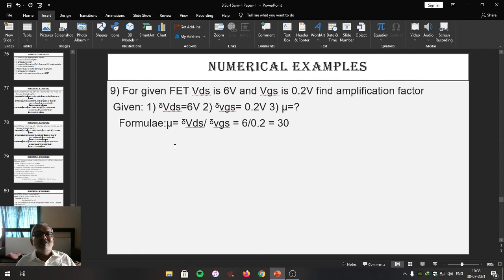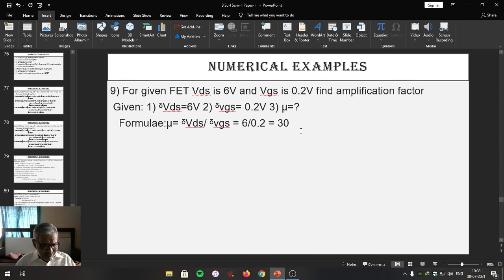Formula to be used is mu is equal to delta VDS upon delta VGS. Delta VDS is 6 volt upon 0.2 volt, that comes to be 30. Friends, this is how the numerical examples on the topic field effect transistors are likely to be asked, and you have to solve accordingly.